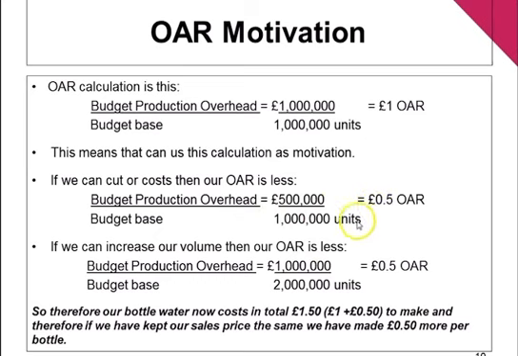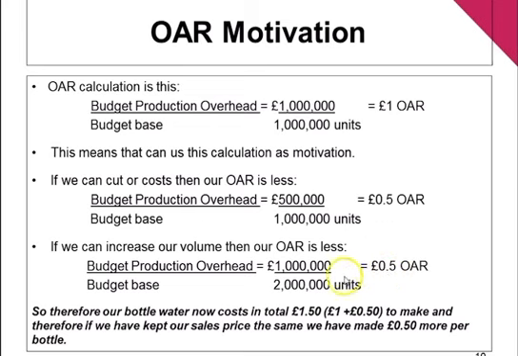It's good news. And then the second one is that if we increase our volume and our costs are still the same, here's the good news that I was talking about earlier, that's why it's good news, because you've reduced your OAR by 50p.